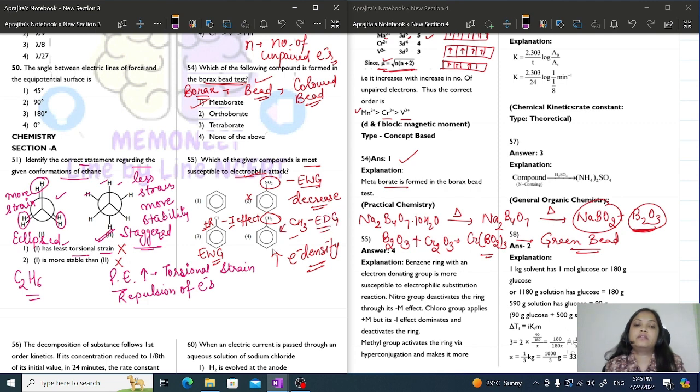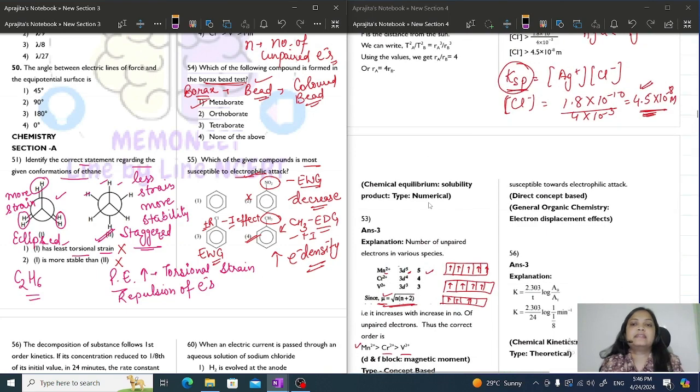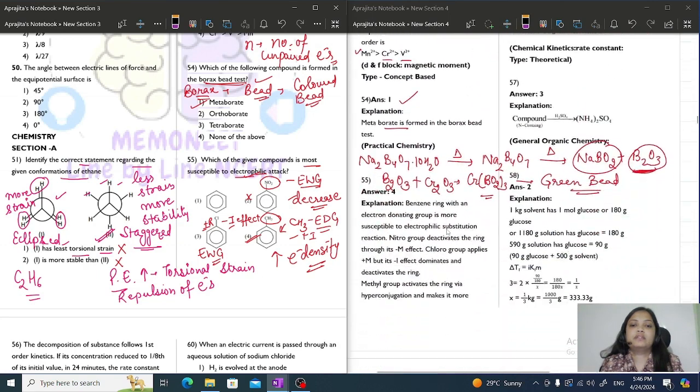It will donate electrons by the plus I effect, and because of that the ring will become susceptible to electrophilic attack. Moreover, hyperconjugation also increases the electron density. So yes, the answer is going to be option number 4. More than benzene, toluene, or methyl benzene, will be more susceptible to electrophilic attack because of the presence of the CH3 group.